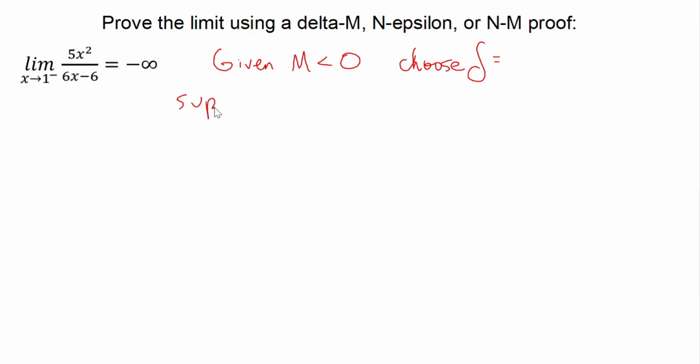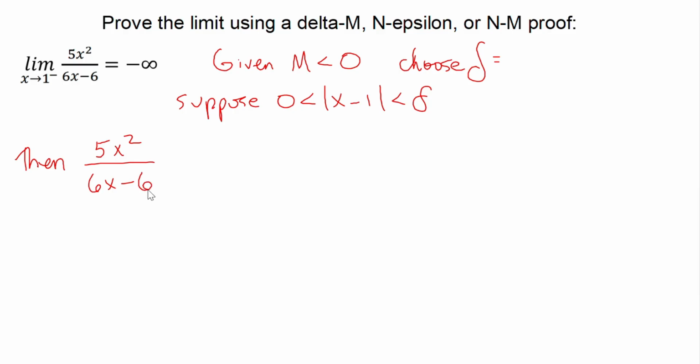And we'll suppose that 0 is less than the absolute value of x minus 1, which is less than delta. Then we need to prove that our function, 5x squared over 6x minus 6, is always eventually less than m. Because again, this one is going to negative infinity, so we want to show that our function goes below whatever negative number we thought our limit might be.